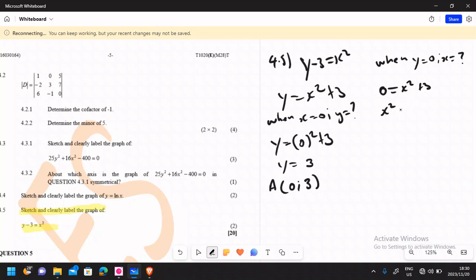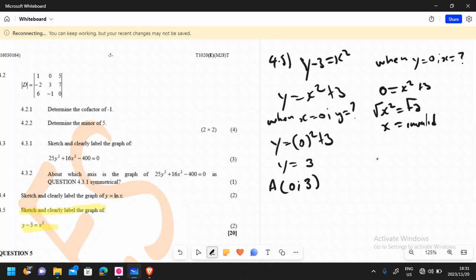We're gonna have x squared minus 3. As you can see, we have to square root here and square root there, but this is gonna be undefined, invalid. So basically this means that we don't have the x-intercept.